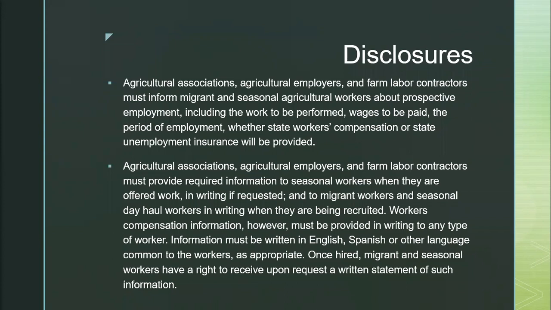You also need to talk about whether you are providing workers' compensation insurance and employment insurance. It's important that you also provide this in multiple languages. So if you are recruiting Spanish-speaking individuals, you cannot just give this to them in English. You want to make sure that they understand it and can read it. So providing that in the language that they use is important.